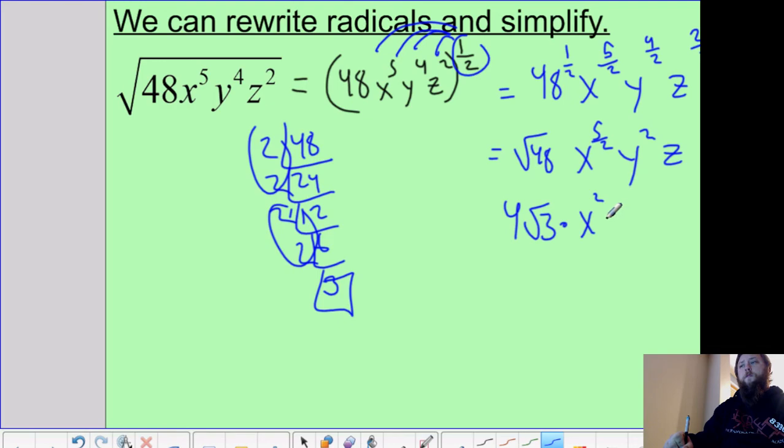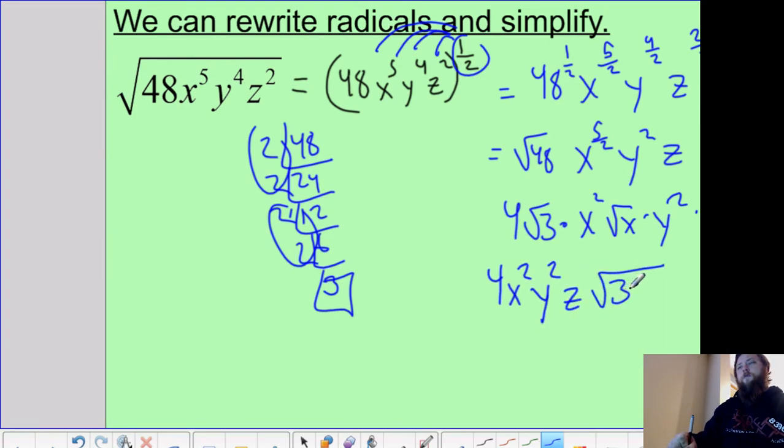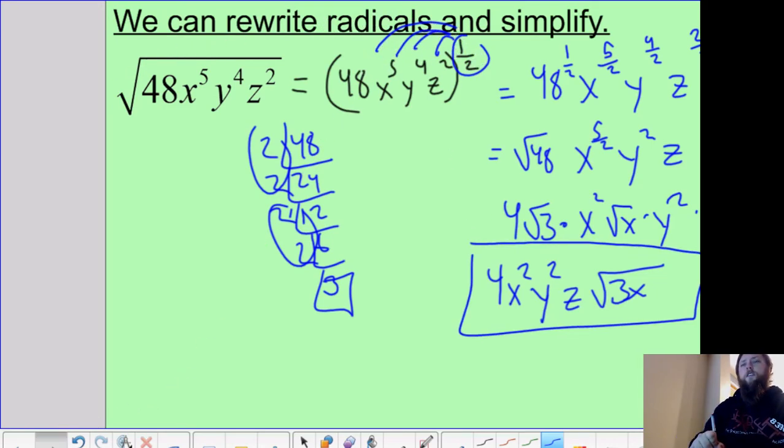I'm splitting this up, or another square root of x. And this is going to be times y squared and times z. To clean this up a little bit, maybe the simplified form is 4x squared y squared z times the square root of 3x. So it's just to illustrate that you can convert radicals to rationals and distribute this.